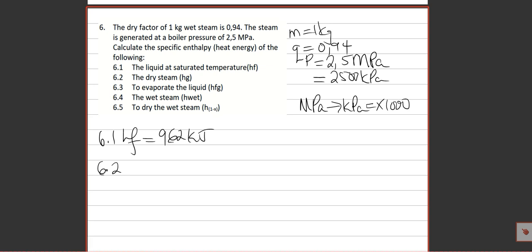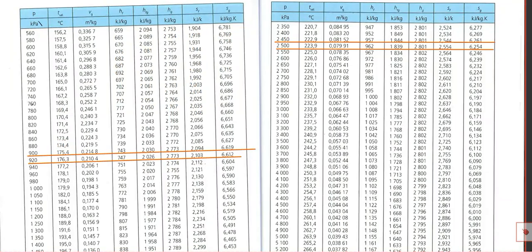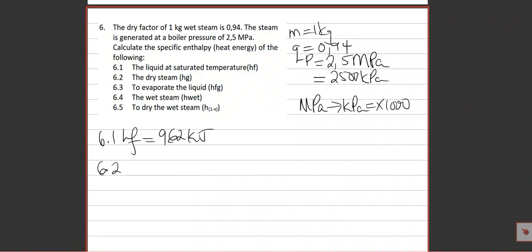6.2, our Hg, dryness steam, our steam at dry conditions. So here on this side, we have 2801. Hg is 2801 kilojoules at 1 kg. 6.3, evaporation HFG.